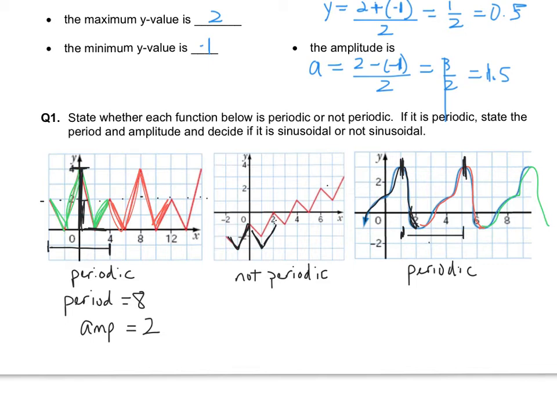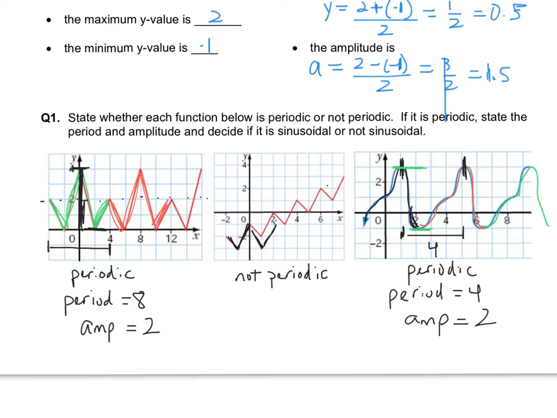So the period is 4 units long. From 1 to 5 is 4 units. For the amplitude, my minimum is down here at -1, and the maximum is up here at 3. So that's a total vertical distance of 4 units. My amplitude is half of that. It's going to be 2.